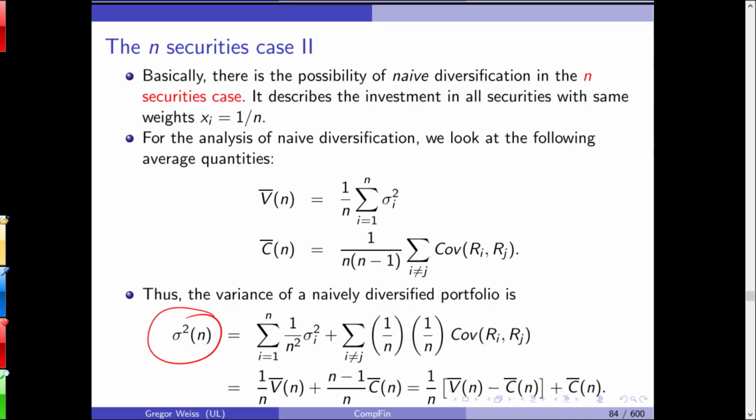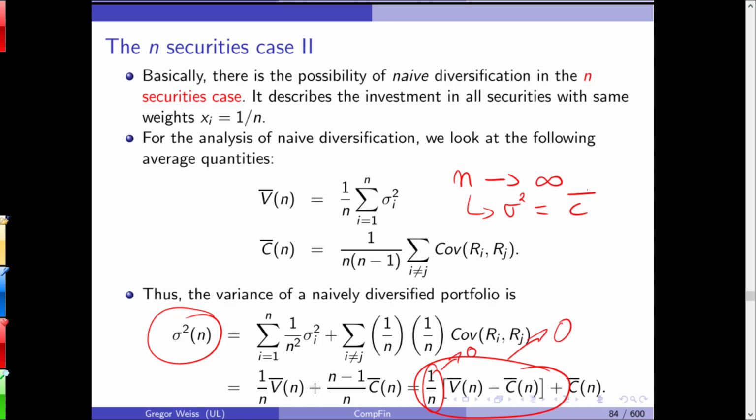Well, no. If n goes to infinity, this here goes to 0, this here becomes 0, but in the end, the portfolio variance is what?